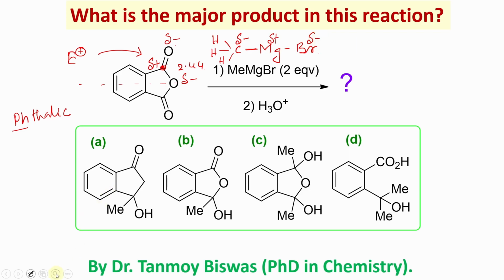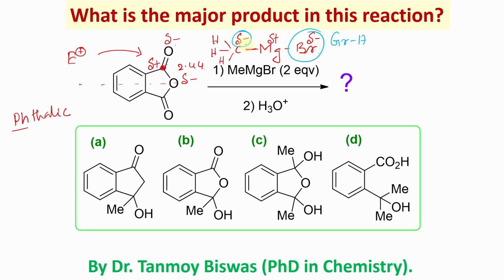Now you may ask me one question: sir, okay, bromine is also delta negative, carbon is also delta negative, so why are you saying carbon will attack or act as nucleophile? Why not bromine? Remember, bromine is actually a group 17 element, which are called halogens. So being a halogen, a highly electronegative atom, this negative charge on bromine is stabilized, so bromine is not that reactive here.